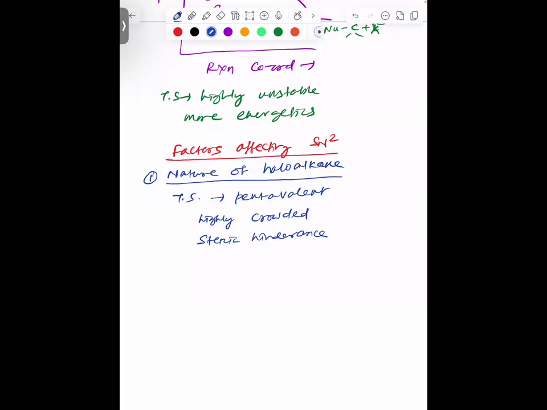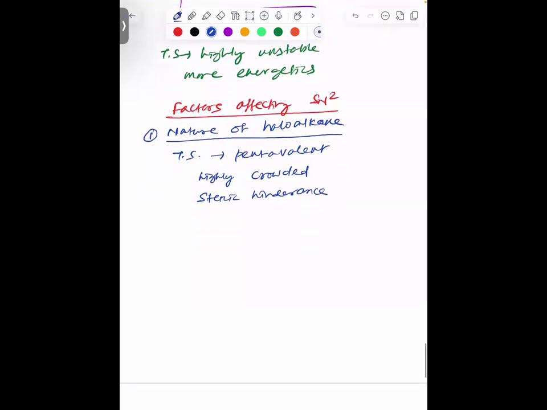The more steric hindrance there is, the chances of SN2 reaction will be less. Yes or no? So if we see the reactivity order, it will be methyl greater than primary, greater than secondary, greater than tertiary.